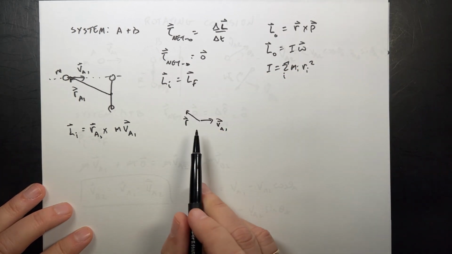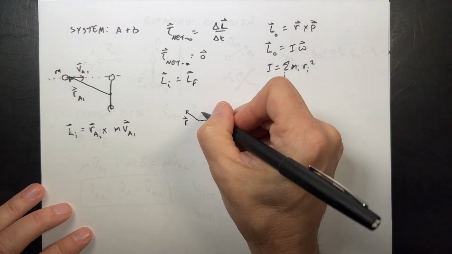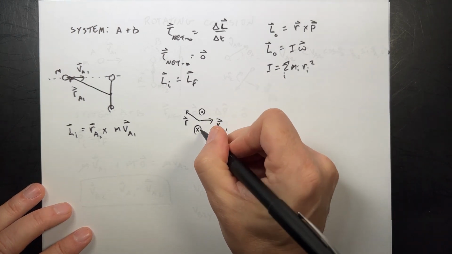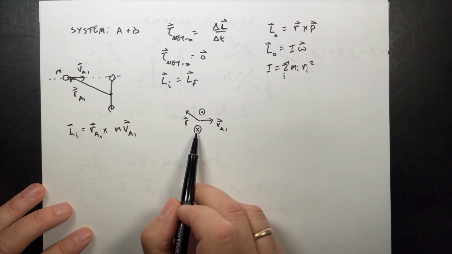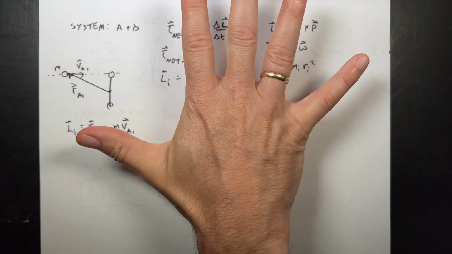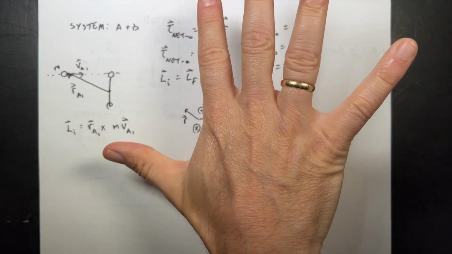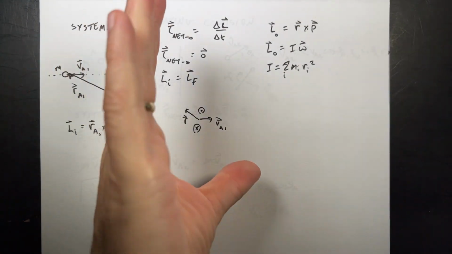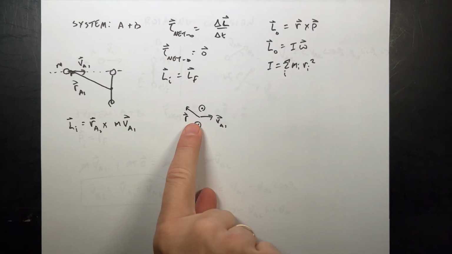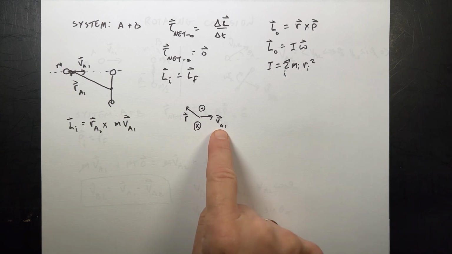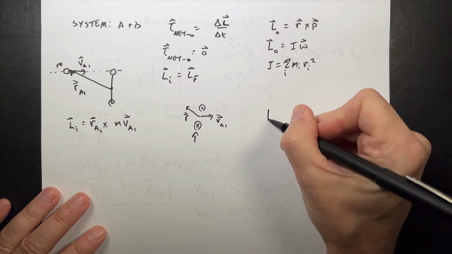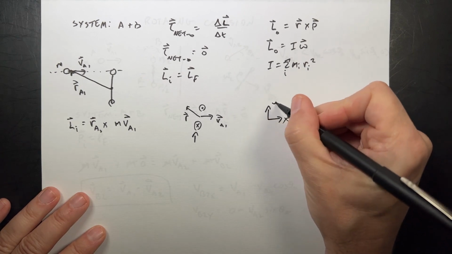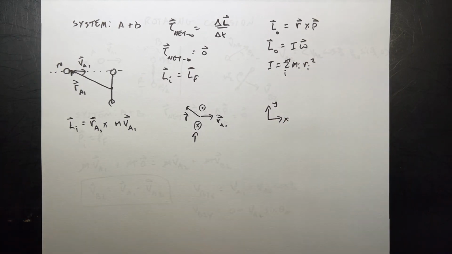And so there's two vectors that are perpendicular to both of those. There's this one, and there's this one. This one's a vector coming out of the paper. This is going into the paper. And we use our right-hand rule. See, that's my right hand. And if you let your fingers cross through R and then V or P, then you get the direction. So that would be this one. And so if this is X, this is Y, then that would be in the negative Z direction.